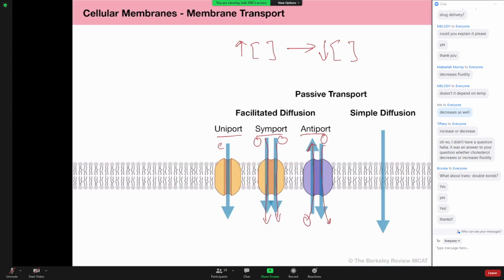With a uniport, just one molecule goes in and passes through. These can be very specific. Some are less specific, but some transmembrane proteins can be highly specific and only let a certain type of thing go through.